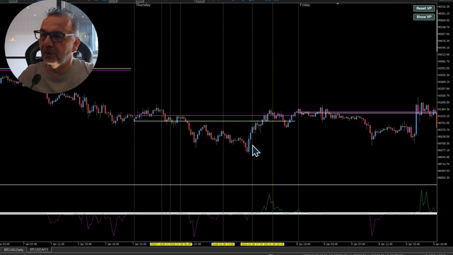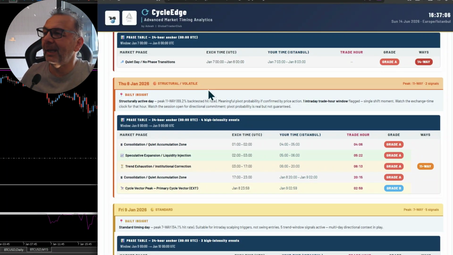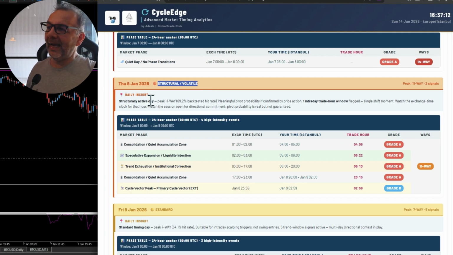That's your stop loss, because you don't want to be putting too much stop there. If you're intraday trading, it's a 1 bar stop loss. If you're going to swing it, then obviously your stop loss is going to be below that window. Why? Because that is already a day where we are expecting structural volatility. Structurally active day.